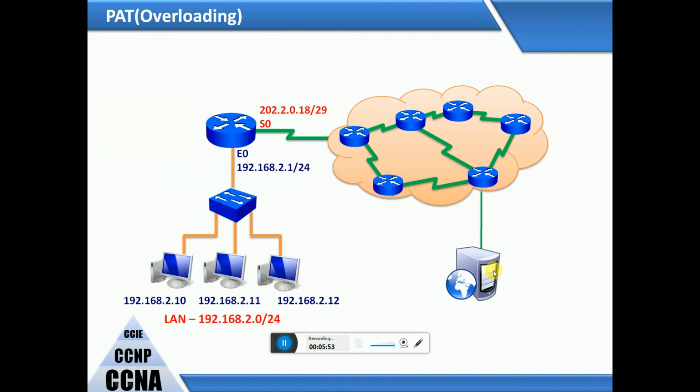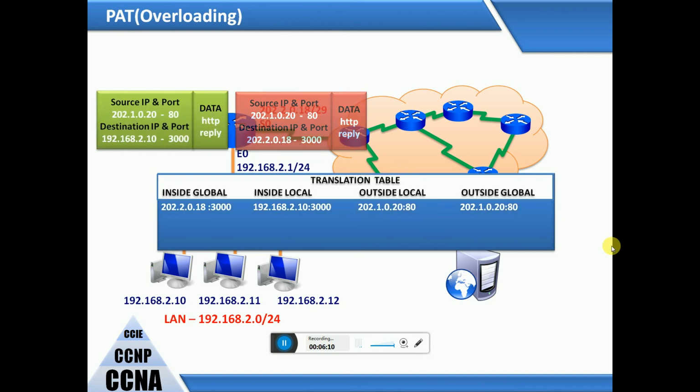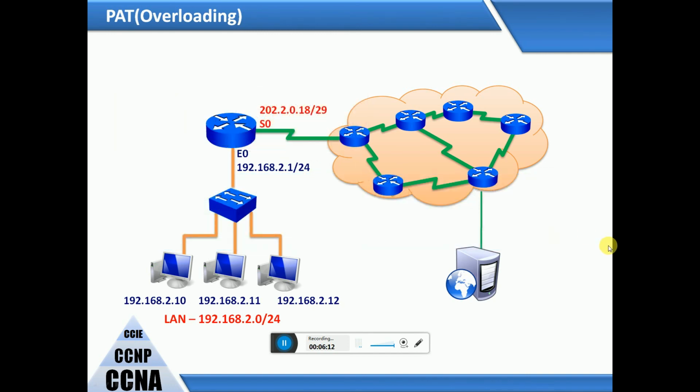After the client, this data is transferred through the switch, showing the IP address 192.1.0.20 and another IP address, 192.2.0.18. This is showing overload.